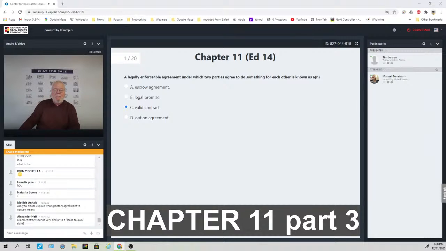Very good. Number two, a person drives into a filling station to top off her gas tank. She's obligated to pay for the fuel through what kind of contract?